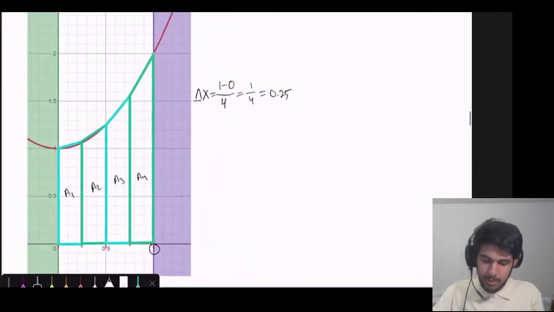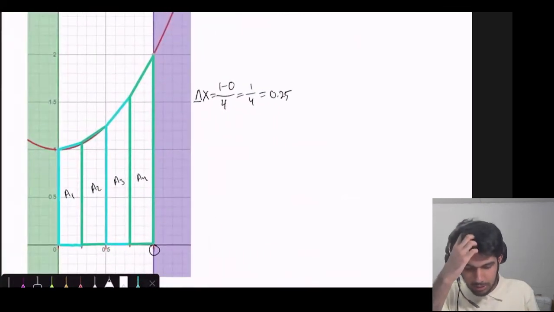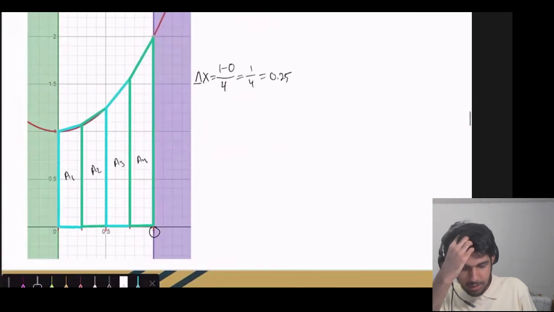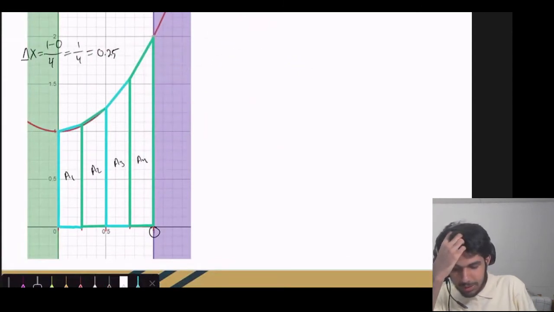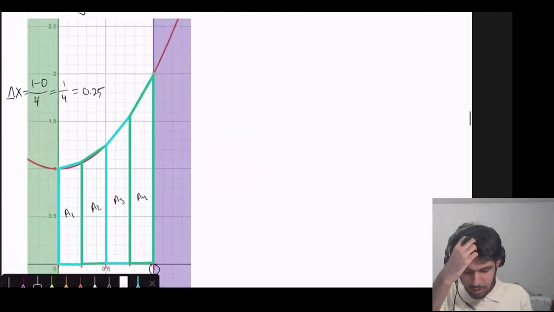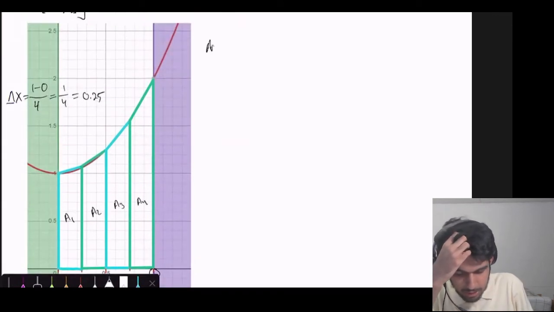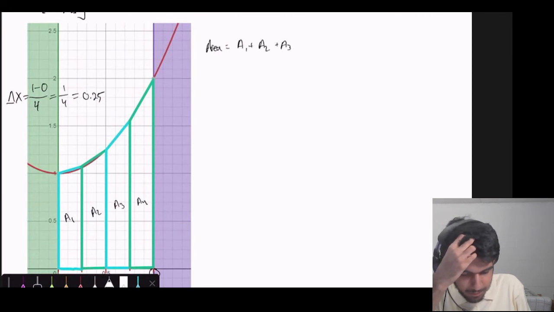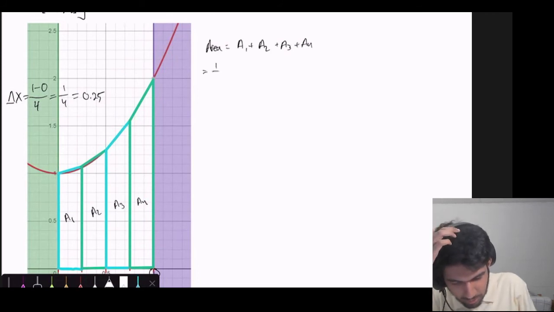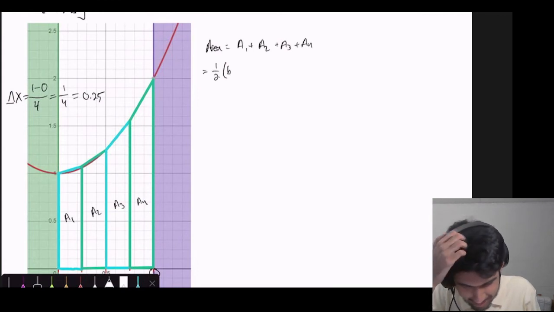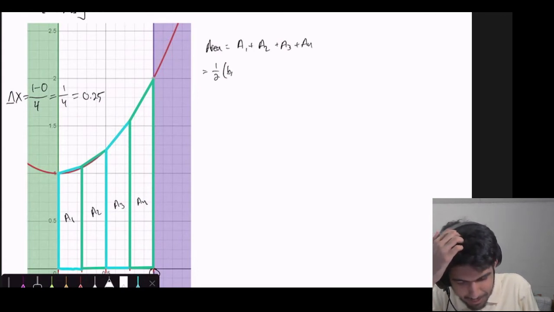Yeah. So, let's do it. I'm going to move this over here since we don't really need that too much. So area should equal a1 plus a2 plus a3 plus a4. So that's going to be equal to 1/2 (ba1 plus bb1) times h1.